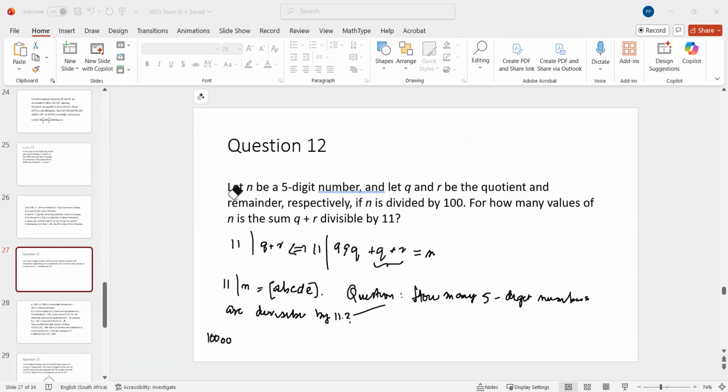Well, let's see. When I divide 10,000 by 11, I'd like to know what the remainder is. Eleven goes into this 9 times. 99, 100 goes to 11, 10, 0 times 100, 9. The remainder is 1.